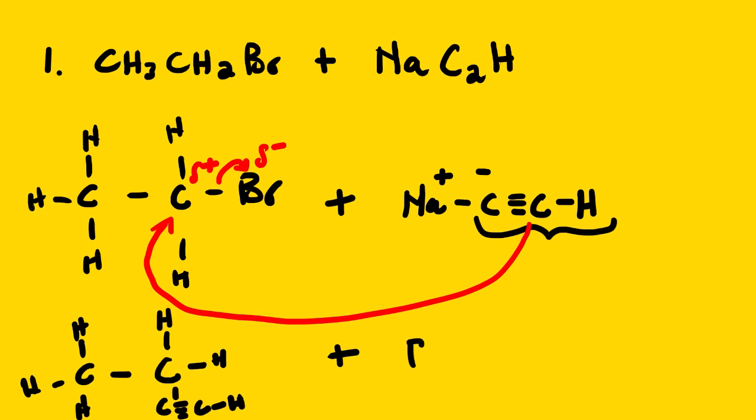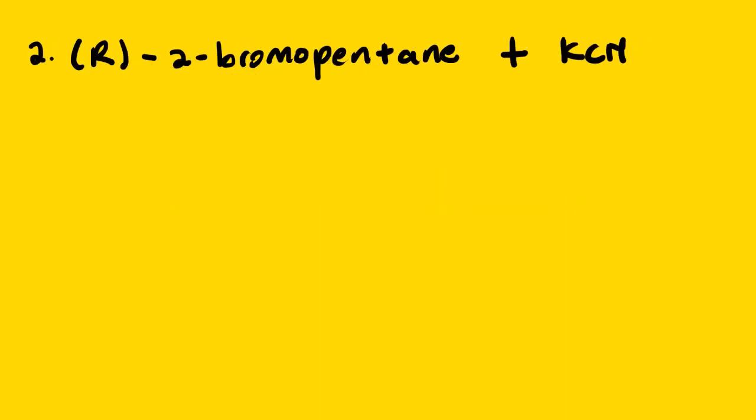Plus, if this Br leaves as a halide ion, it will bond with this sodium, resulting in sodium bromide. So this is the SN2 mechanism. Our first example. Let us go to the second one.